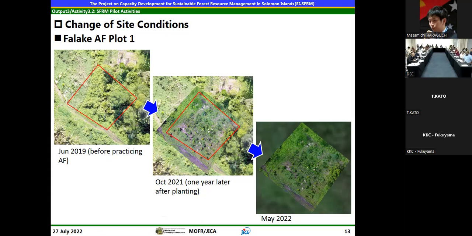This is in Palaka. And then in 2023, because this is the previously used garden area, as you can see, this year it was green again because the trees have grown.